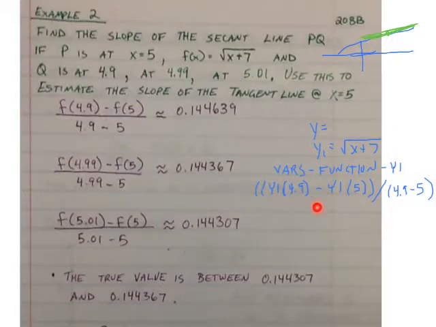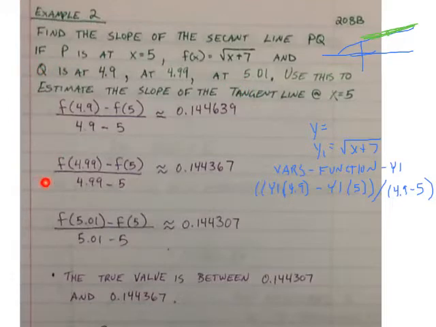On my home screen, this is what I type: y1 of 4.9 minus y1 of 5. You can grab that y1 again by using your vars function y1 button. Type this all out, and it spits out an answer, and that's the first question.